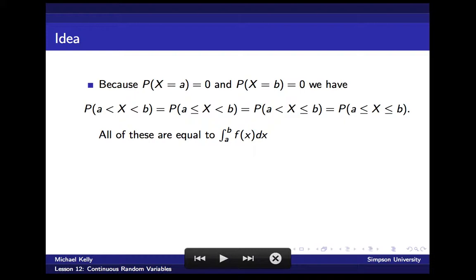So the probability that a is less than x is less than b is the same as the probability that a is less than or equal to x and is less than b, and so on. So it actually doesn't matter if you put less than or equal to for a continuous random variable, and so we'll be a little loose with that. And all of these equations will give you the integral from a to b of f of x dx.